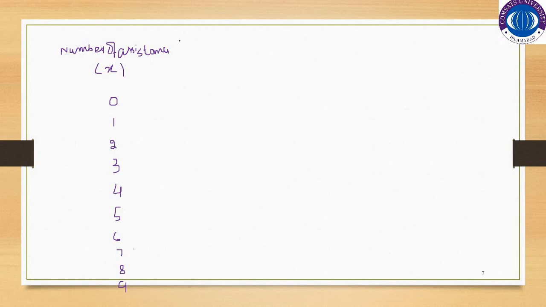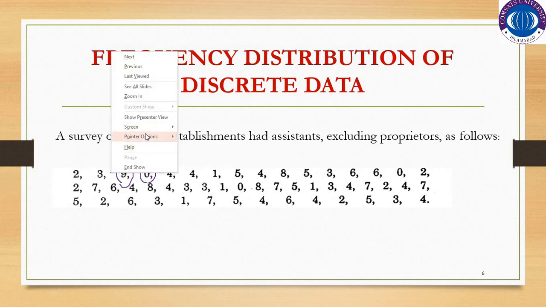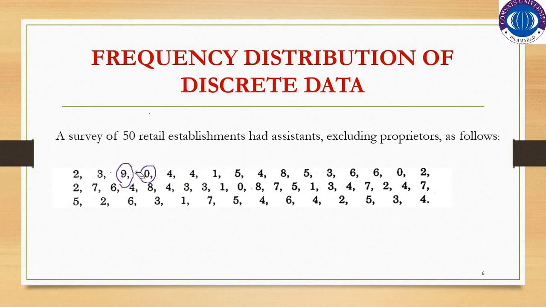Now we will mark the tallies. If you go back to the data, we will go row-wise. The first value in the data is 2.